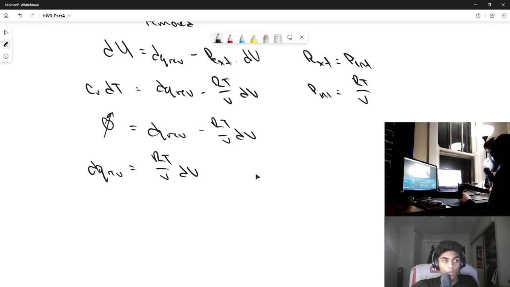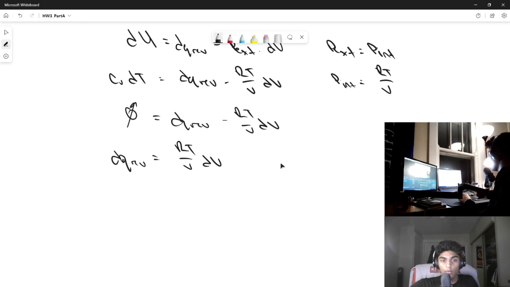And since we are working with differentials on both sides now, we're going to integrate on both sides. On this side of the equation, we're going to go from 0 to the final heat, or the reversible heat. And from here, we're going to go from some initial volume to some final volume.